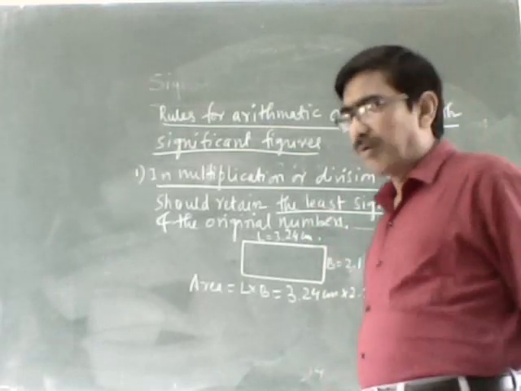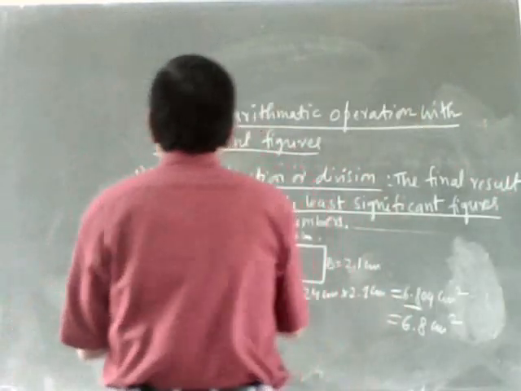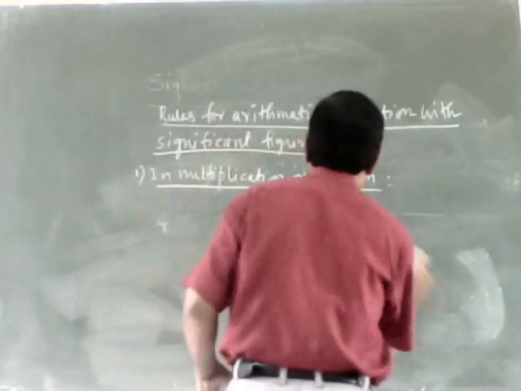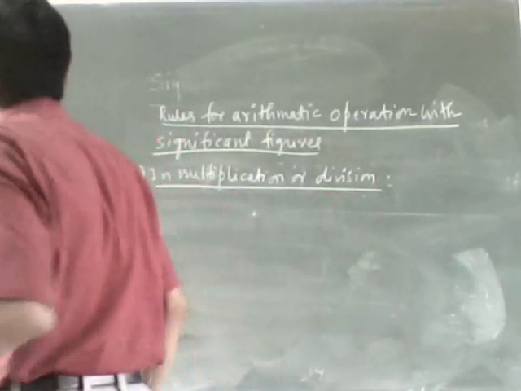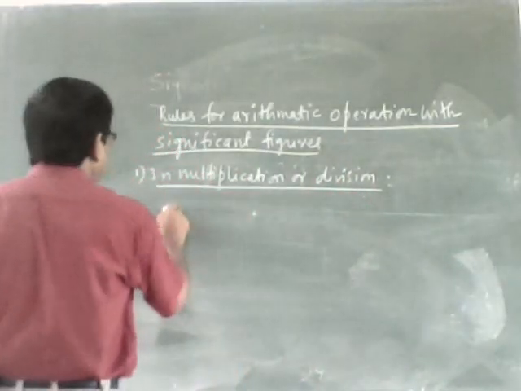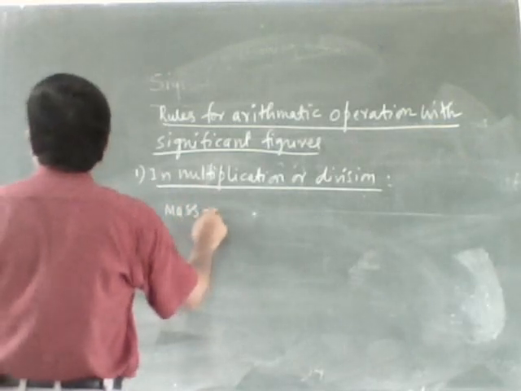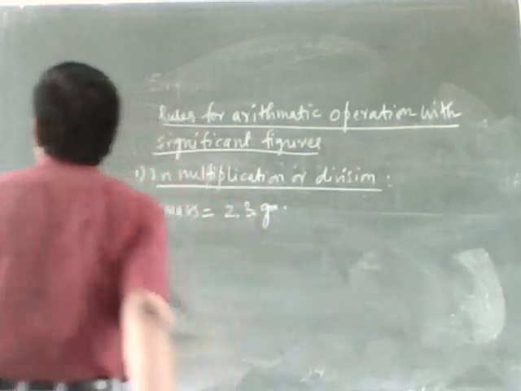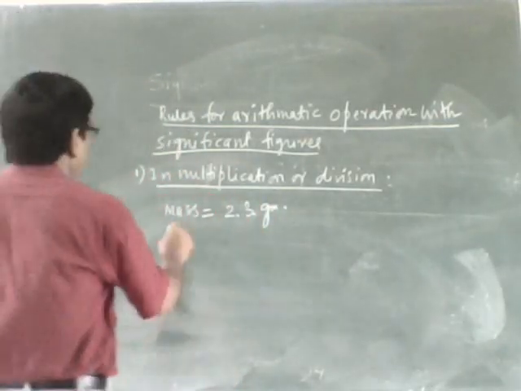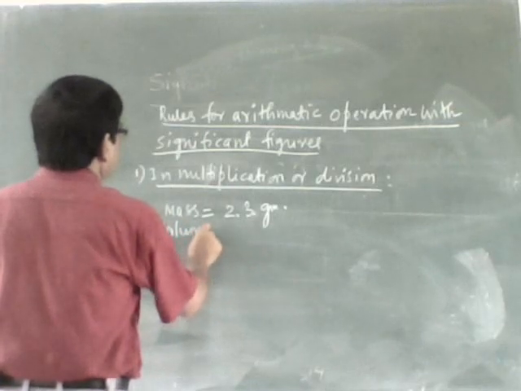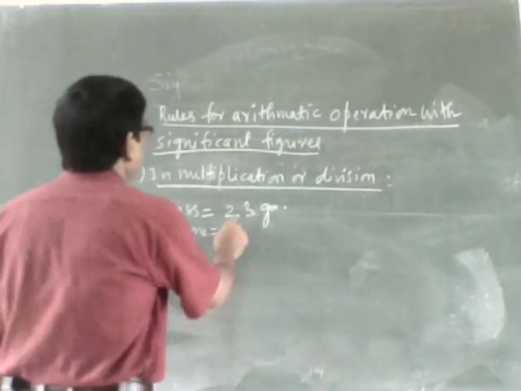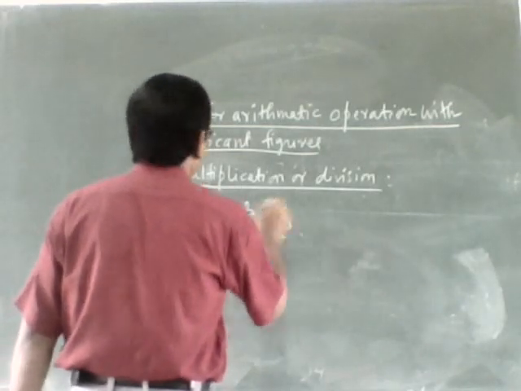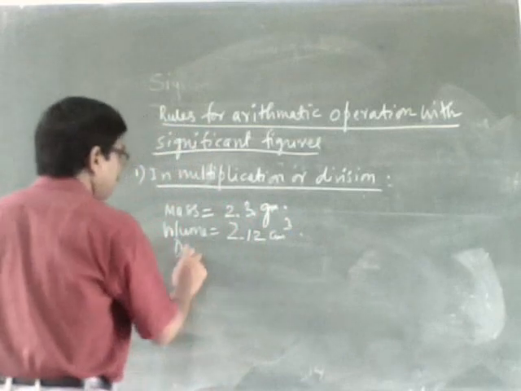Now suppose for division, the mass of an object is given as 2.3 gram, and the volume of the object is given as 2.12 centimeter cube. Density is asked.